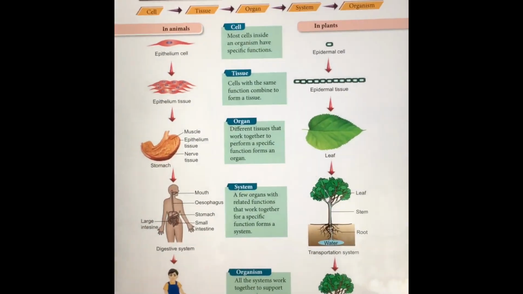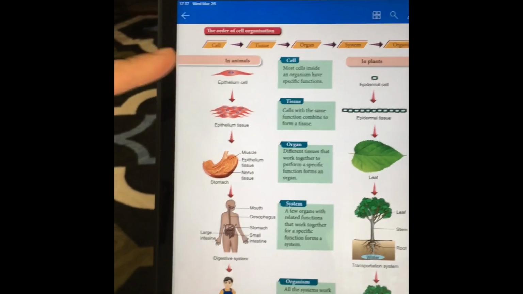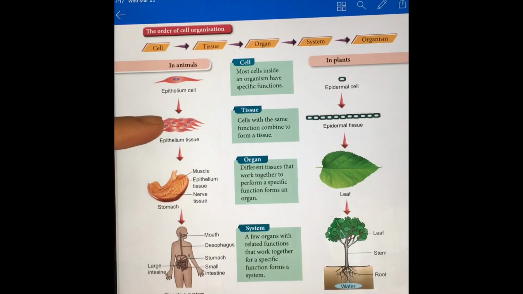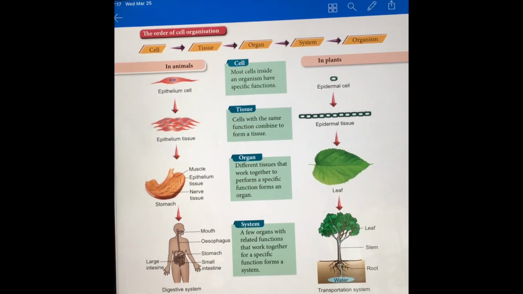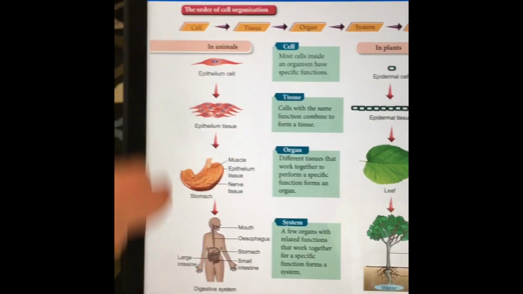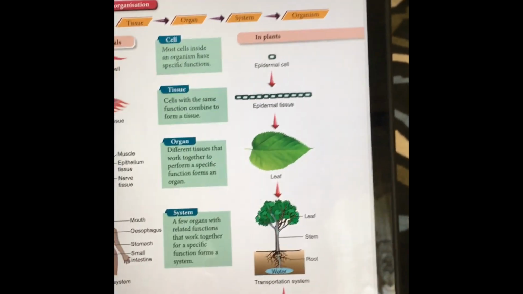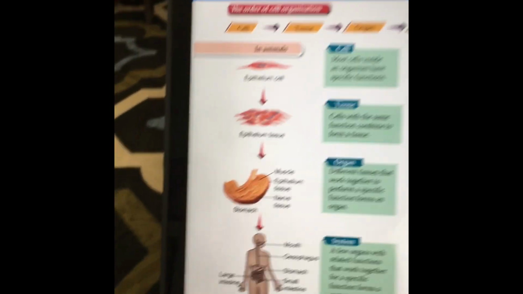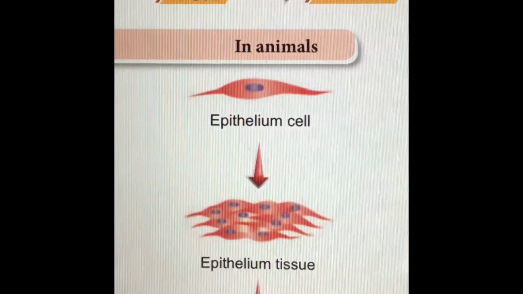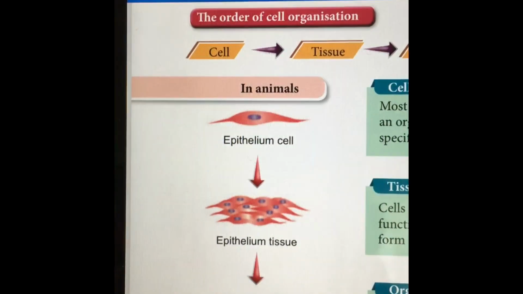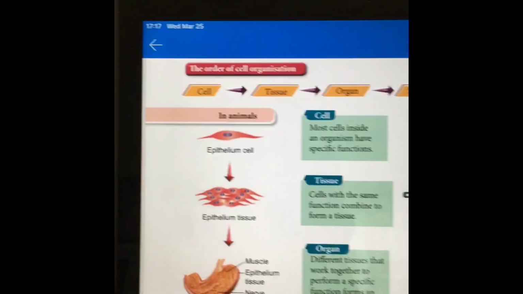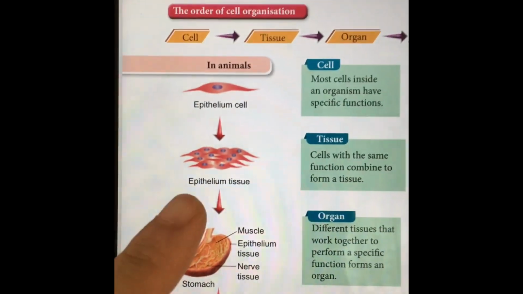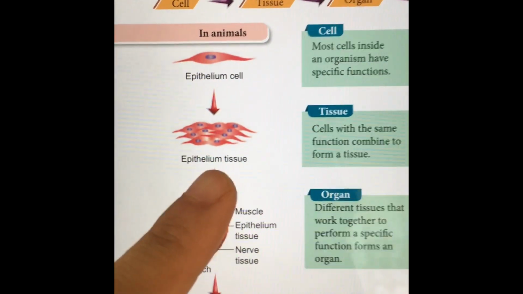Alright, so on page 56, you can see the organization from cell to tissue to organ to system to organism for animals, and you can also see on the side right here is for plants. Okay, so one example right here is an epithelium cell. Now when you combine the same cell, a lot of them, you get a tissue, epithelium tissue.